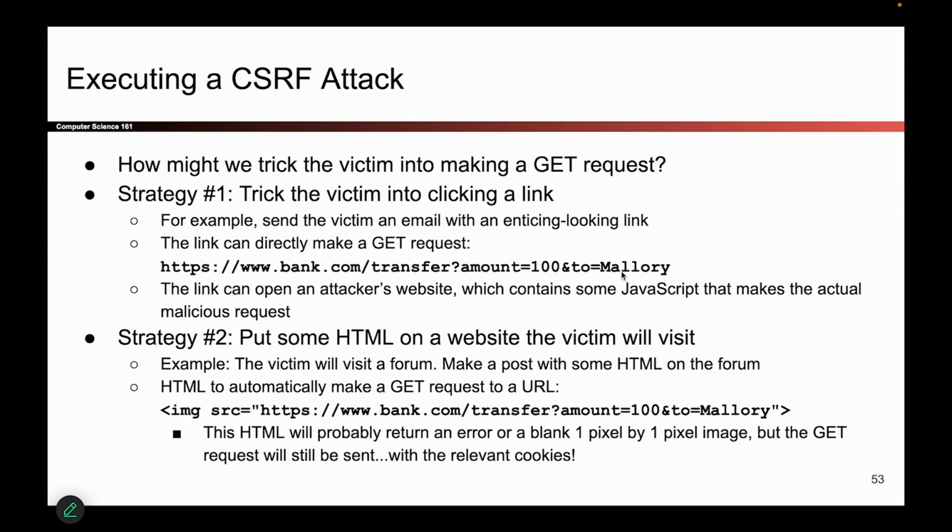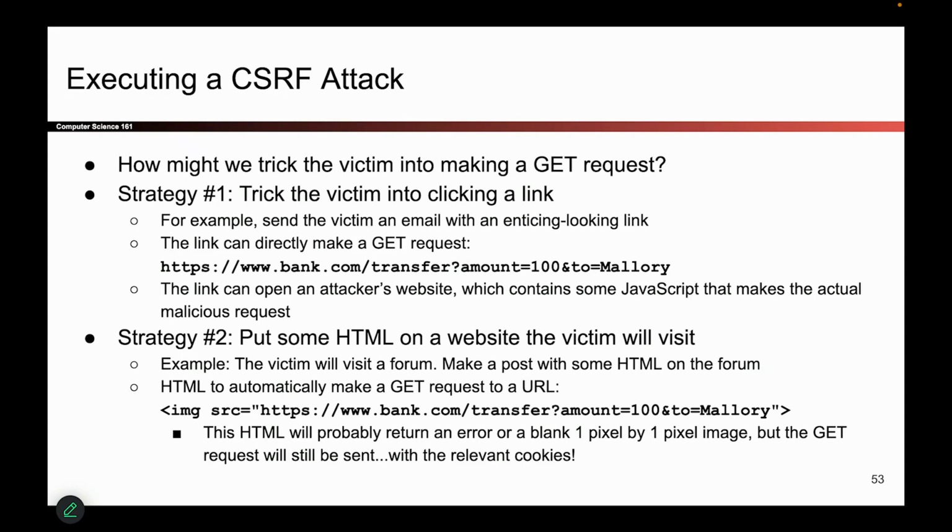So maybe this GET request is sending money to Mallory. So maybe we just have the victim click on a link, and if the victim isn't paying attention, they click on the link, they make a request, the request has the cookies, and now the malicious request has happened.